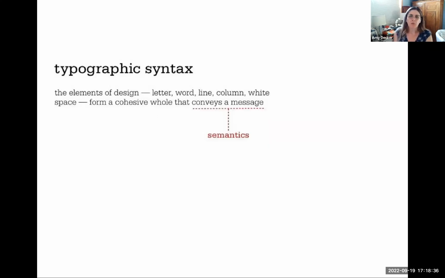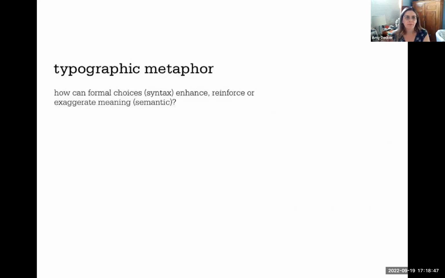The importance, when we're looking at typographic syntax, is how to convey a message through typography beyond reading the word. How can formal choices, syntax, enhance, reinforce, or exaggerate meaning?